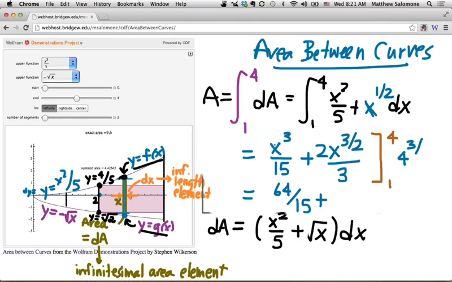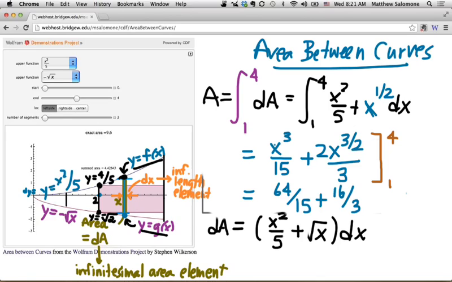Close. 4 to the 3 halves is the same thing as the square root of 4 raised to what power? Right. So that's 2 cubed, which is 8. So here I'm going to have 2 times 8 over 3, 16 thirds. So that's the evaluation at x equals 4.